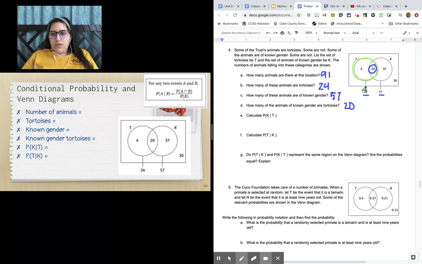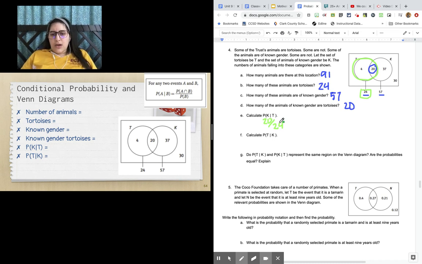So the denominator of my fraction will be the total in that category, 24. And then I want K at the top: how many of those in the tortoise category are also in the K category? That's 20, the intersection of the Venn diagram.